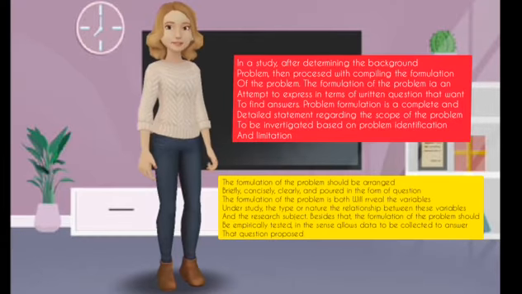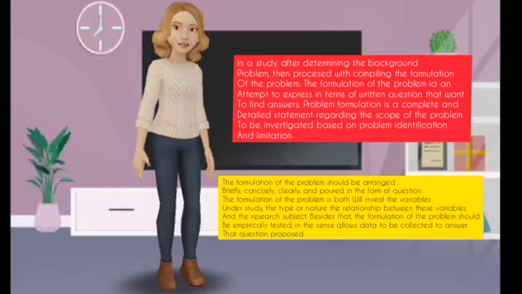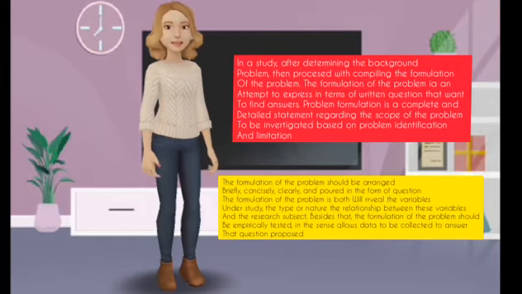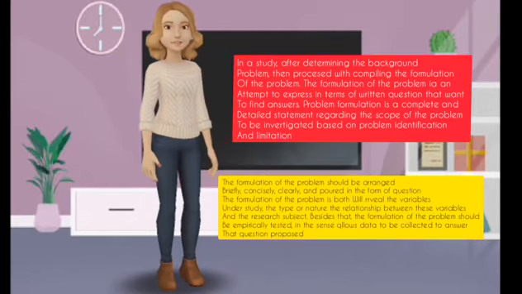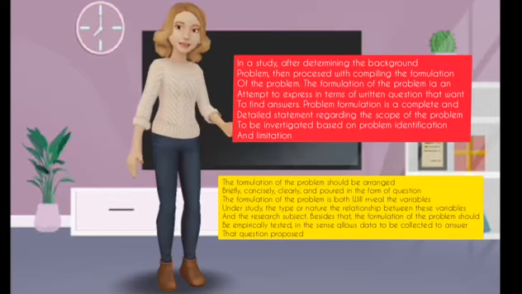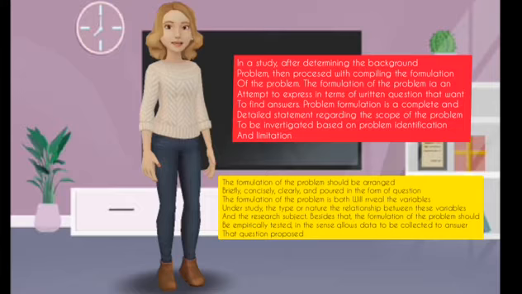The formulation of the problem should be arranged briefly, concisely, and clearly, and put in the form of question sentences. The formulation of the problem should reveal the variables under study and the type or nature of the relationship between these variables and the research subject. Besides that, the formulation of the problem should be empirically testable, in the sense that it allows data to be collected to answer the question.